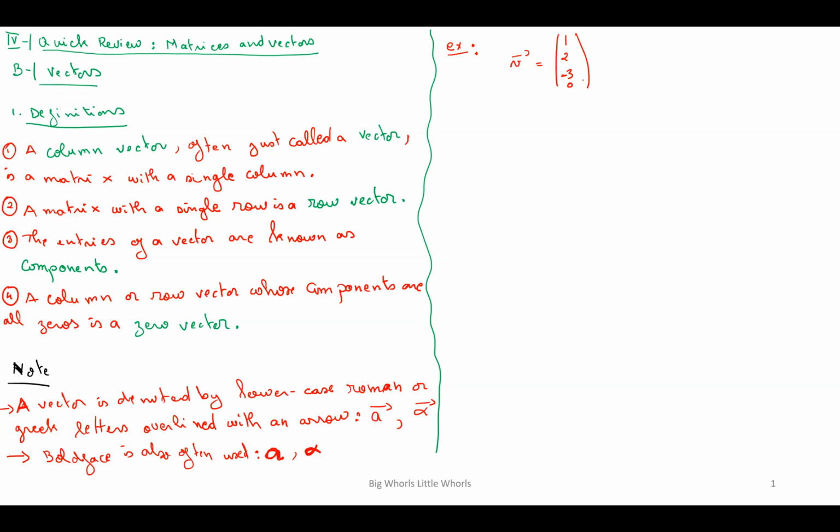Another note here: a zero vector is just denoted by 0, written just like that.